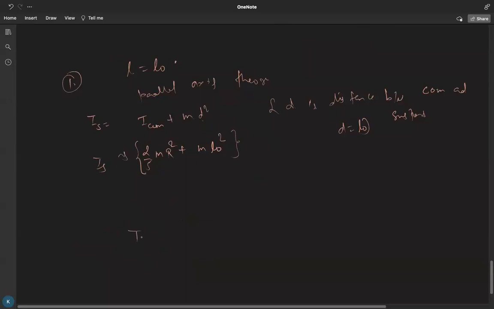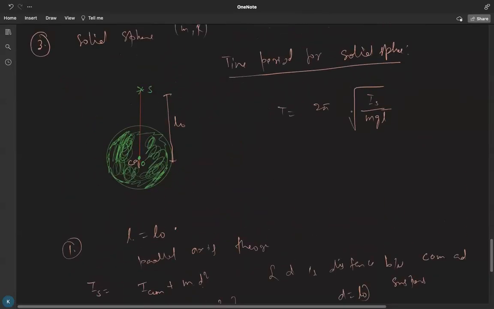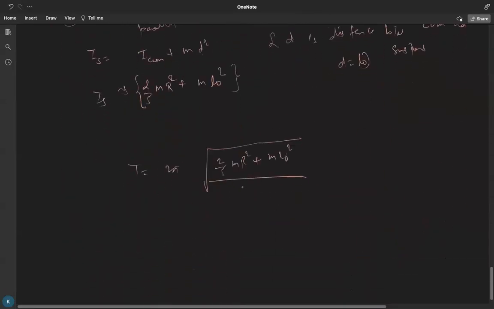Now we have to find the time period. So time period is nothing but 2 pi root under 2 by 5 mr square plus m L naught square, divided by mgL, where L is nothing but L naught. Let's take m common: 2 by 5 r square plus L naught square divided by g L naught.